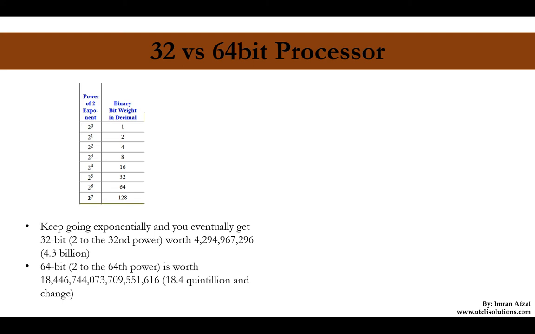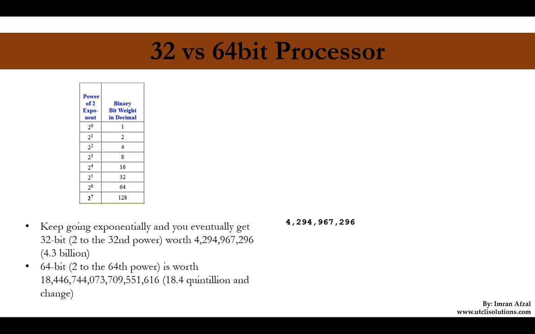So now your processor becomes so powerful that it could process that many data units in a shot, and take that from your memory. Let's say your memory has 8 gig and your processor is 32-bit; it's not going to work because your processor can only handle 4 gig at a time. If you want your computer to process more than 4 gig of memory, then you need to have a 64-bit processor.